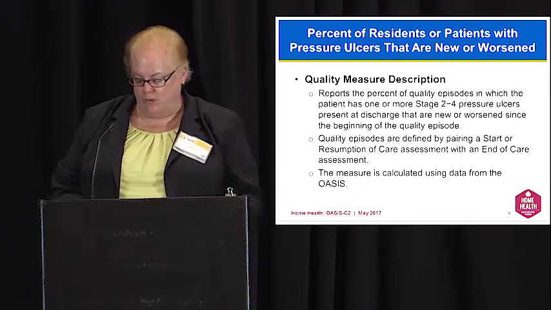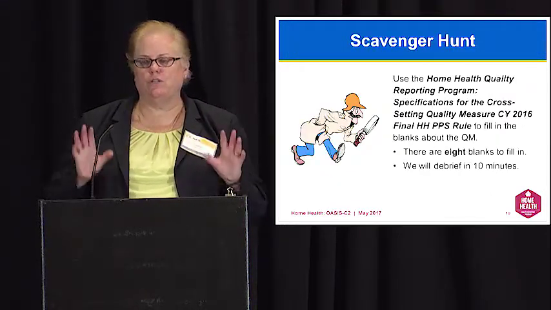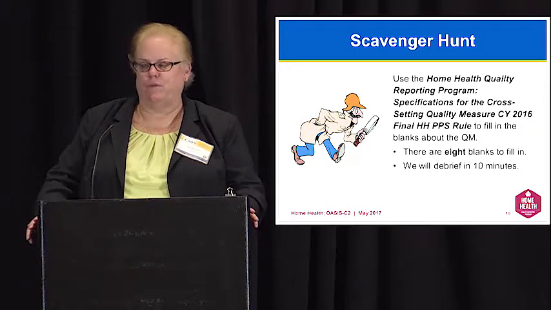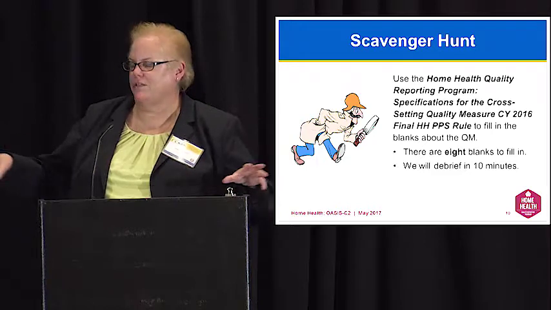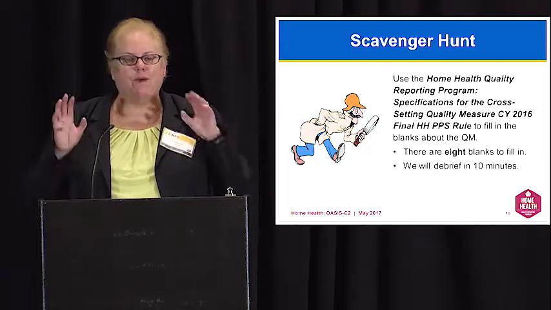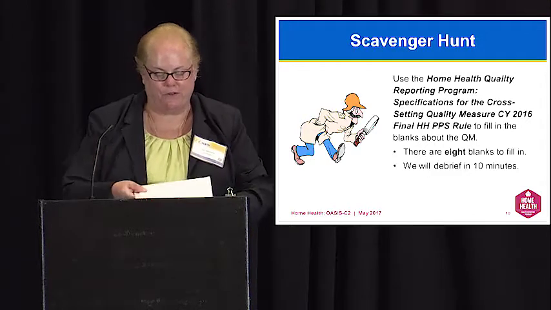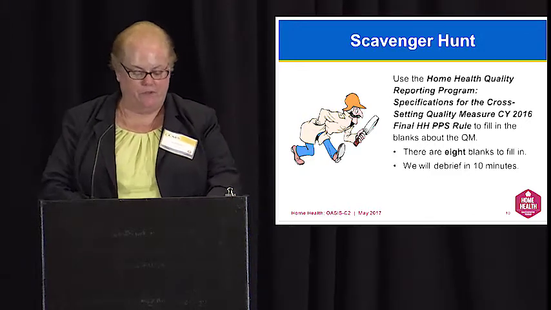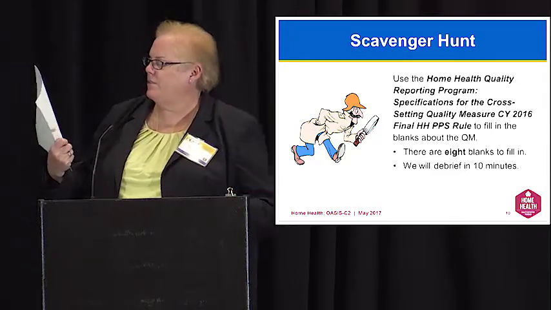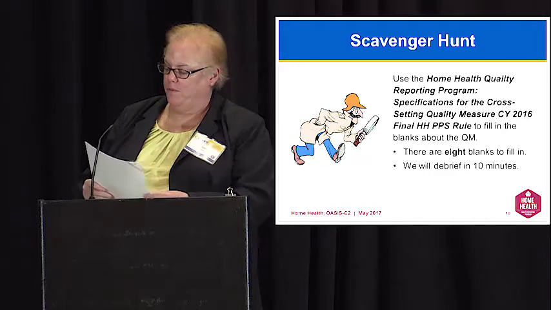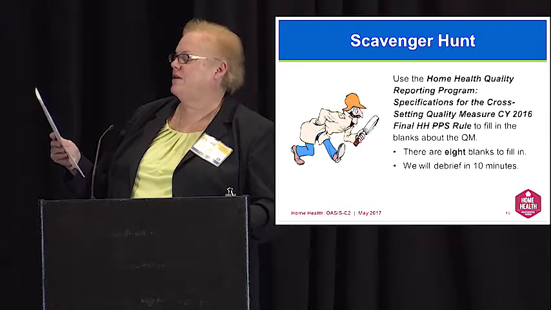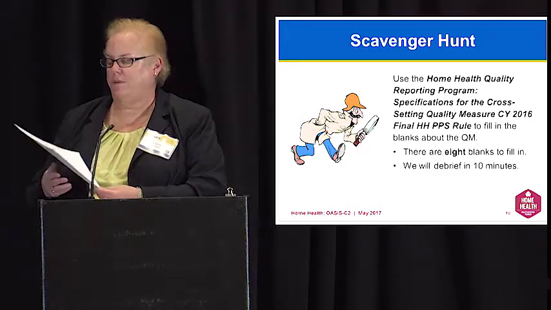So what I'd like to do is we're actually going to do a scavenger hunt. It's not literally like a scavenger hunt when you're a kid where you're going to go find things around the hotel. We're going to stay in this room, but we are going to do a scavenger hunt. And in preparation for our scavenger hunt, we need a few things. On your tables, in the center, there should be a couple of copies of the Home Health Quality Reporting Program specifications for cross-setting quality measures, calendar year 2016, final home health PPS rule.